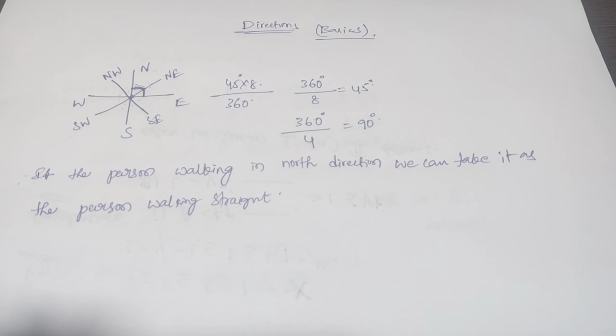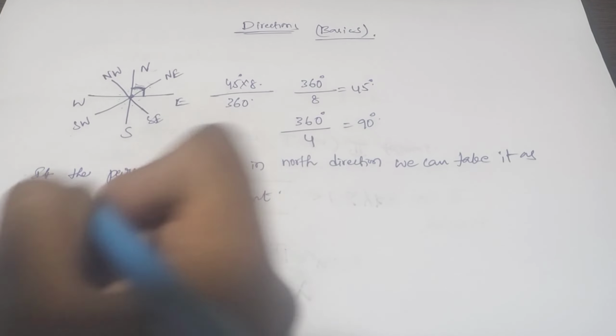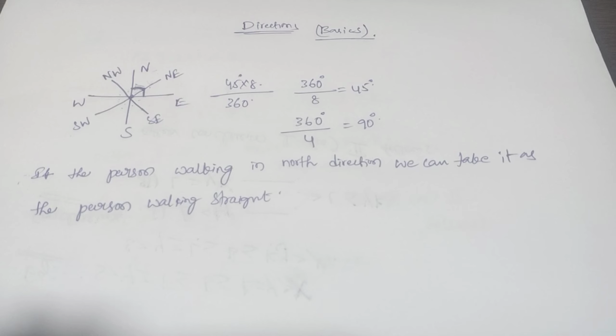That means if the question says the person is walking straight, we can consider it as the person walking in north direction. Then we have to take the directions as ours. Ours right is that person's right and ours left is that person's left.